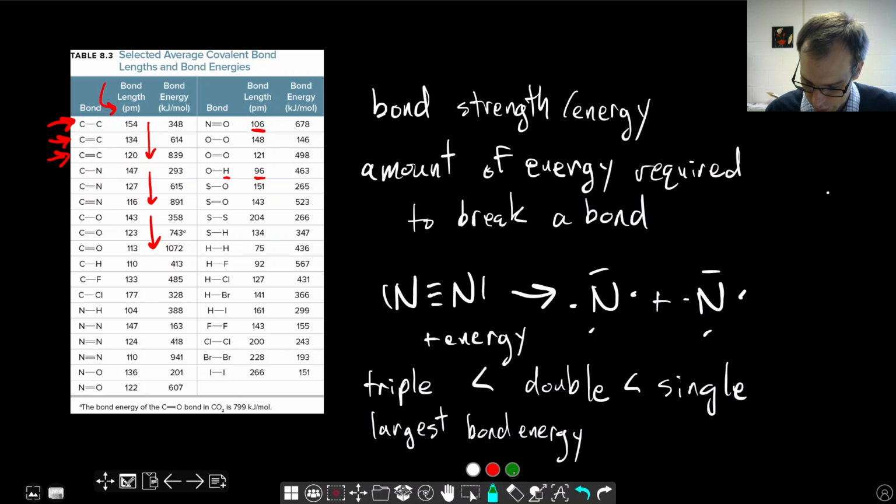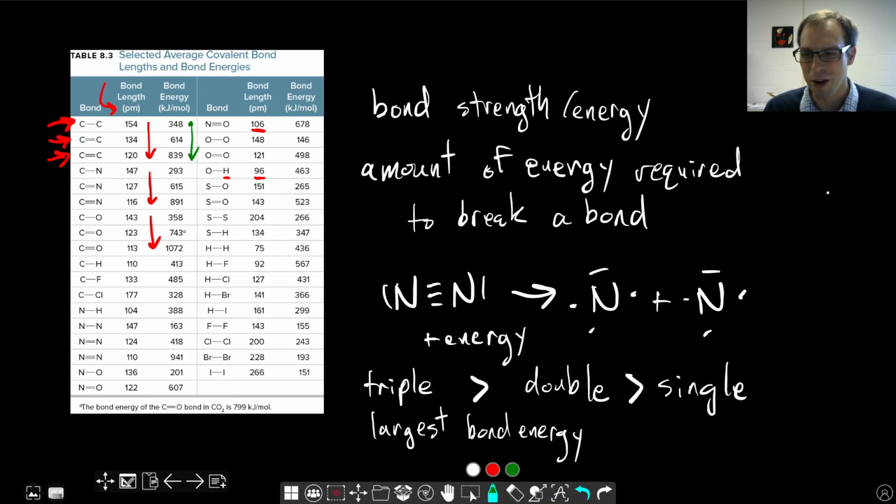Let's look at, again, some specifics here. So looking at our first set of carbon-carbon single bonds, we go from 348 kilojoules per mole, and it increases as we go down to requiring more energy. Oh, that makes me realize that I drew these backwards. This is the highest, this is the smallest. There we go.